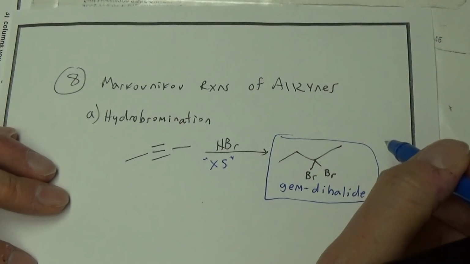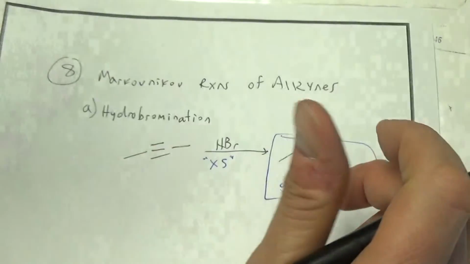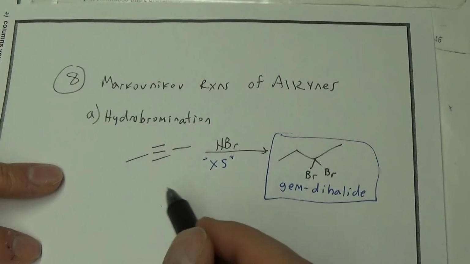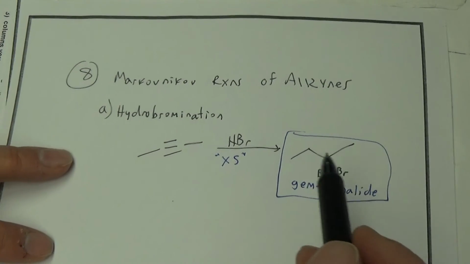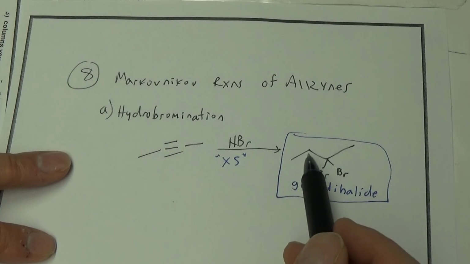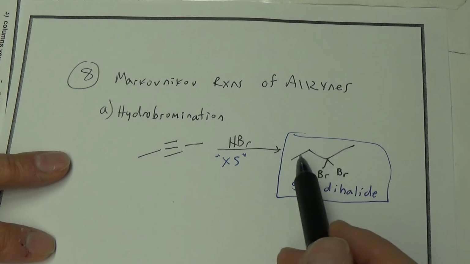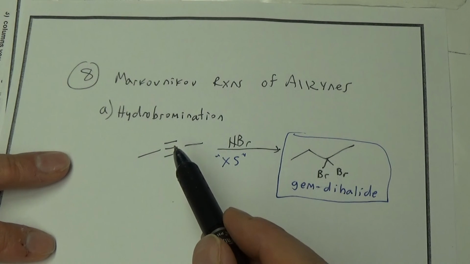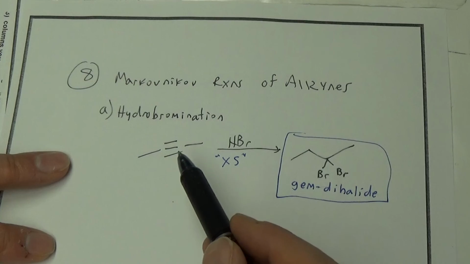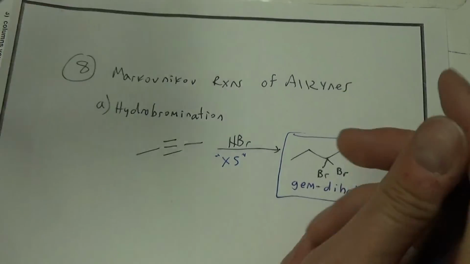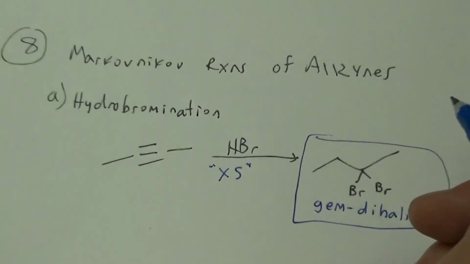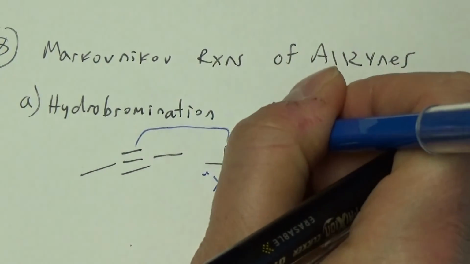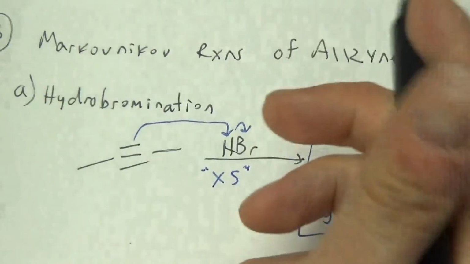The mechanism is incredibly straightforward. What do you think is going to happen? As we're drawing it, we're putting the H's on the left carbon, but of course they could go on the right carbon as well. But what is the alkyne going to do to the HBr? It's a nucleophile, it's an electrophile, so what's it going to do? It's going to attack, just like you did in the alkene chapter.